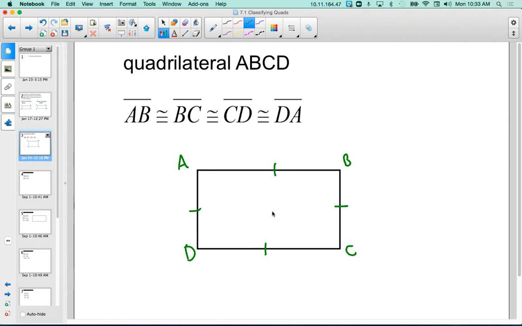Okay, so now this is where, once we've labeled all the facts, we can narrow our list down to only the quadrilaterals that fit this description. Now I can look at this, and let's see, what quadrilaterals have all four sides congruent? Well, I know squares do.